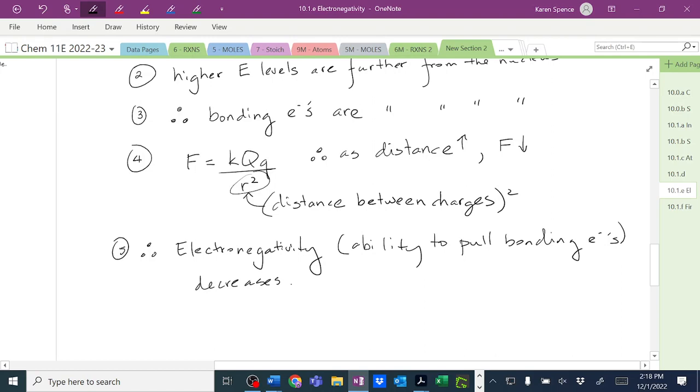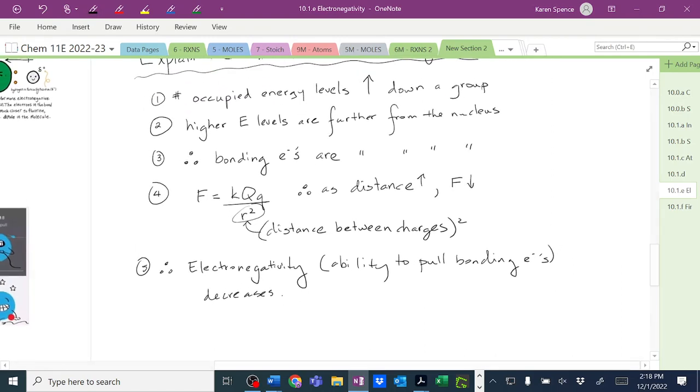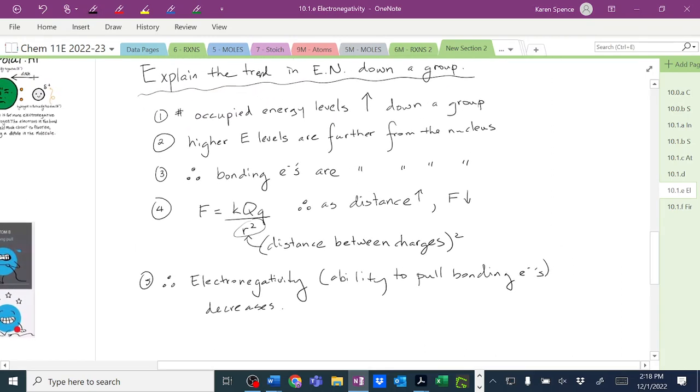Now, if you had written all that, you would probably get full credit. If you have lots of extra time, you could then talk about Zeff and say it doesn't matter. Why doesn't it matter? Because they cancel each other out.